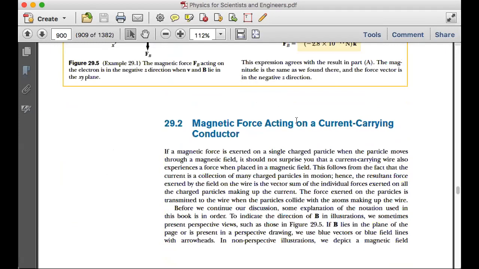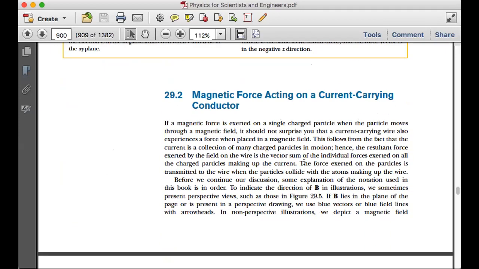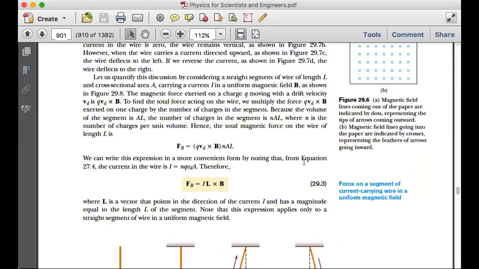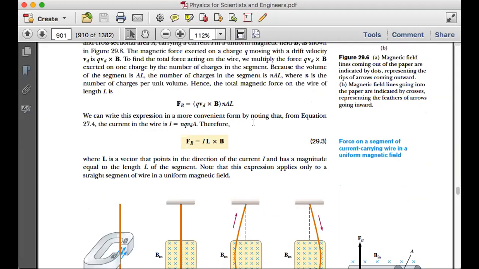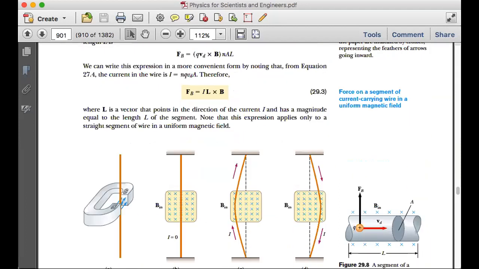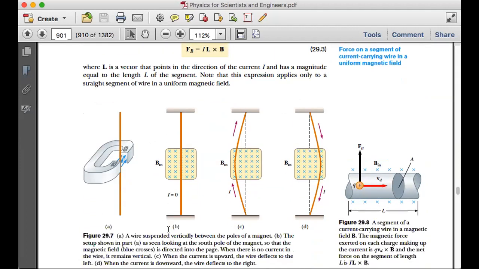And then we will discuss this wire. We have a wire, for example, in this picture. This I represents the current. At the initial condition, we have I equals 0.